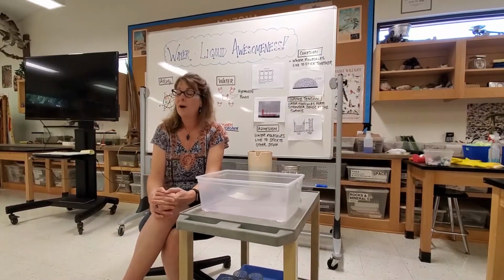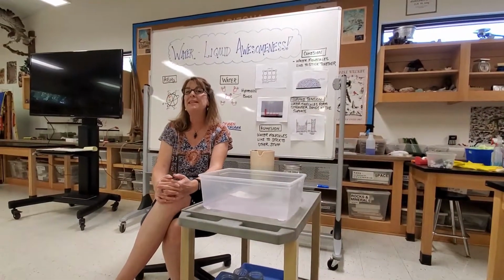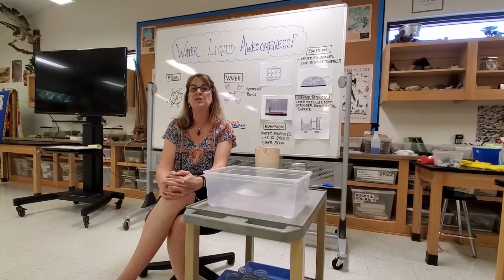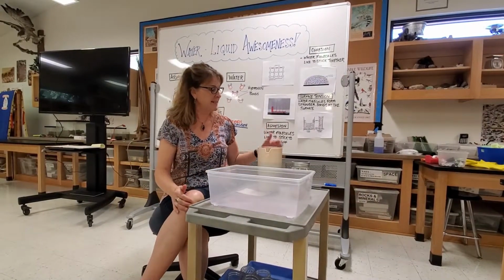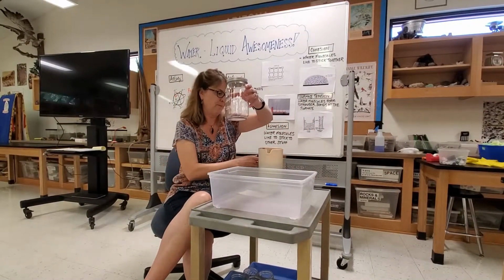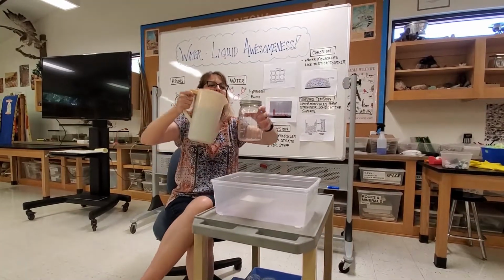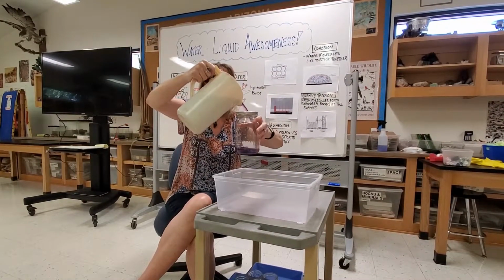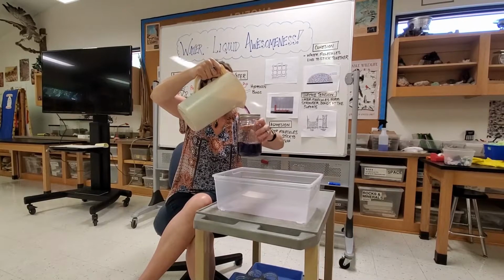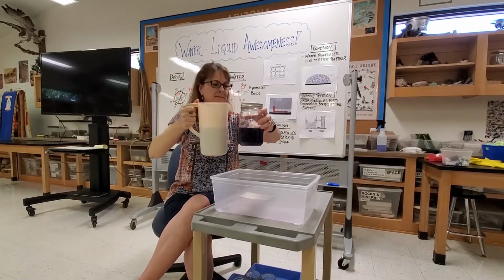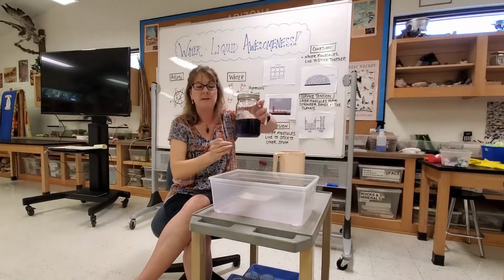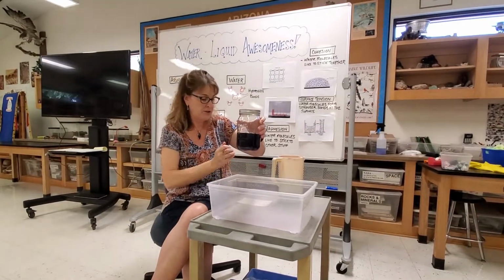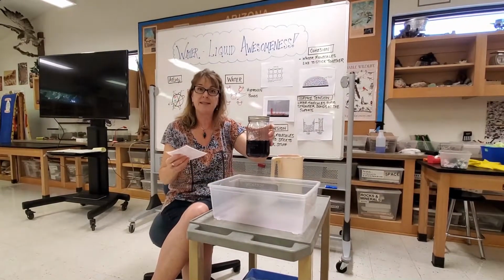Adhesion and cohesion of water lead to some pretty impressive demonstrations. For instance, if I take this jar and I fill it full of water, a little bit. Again, we put some purple coloring in the water so it's easier for you guys to see at home.